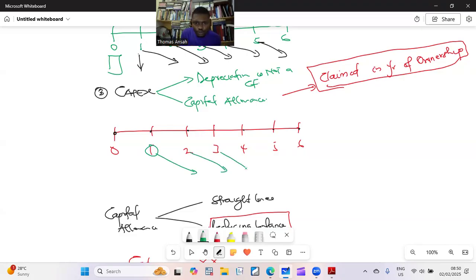So that is how the capital allowance moves. If you claim it in a particular period, you will get it in the next period. Understood? If I own the asset in year one, I can claim the capital allowance in that same year one, but I will be getting it in my year two, because the tax filing is also done in year two. So take note of that.